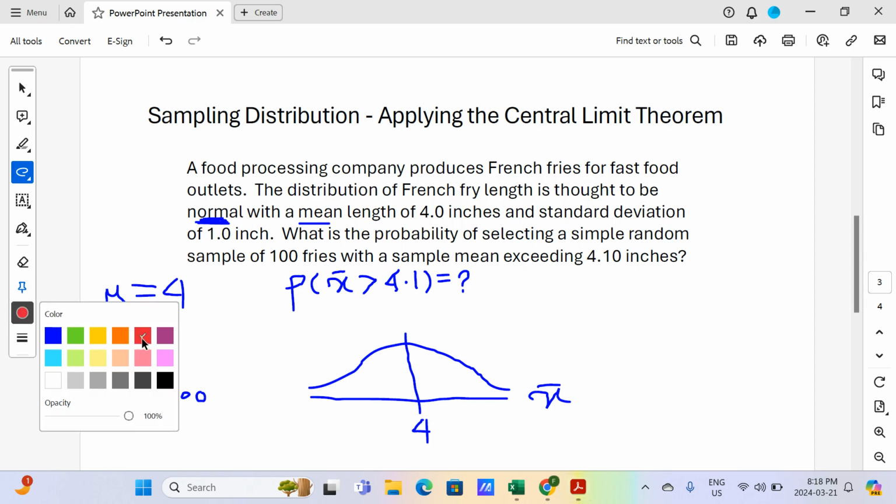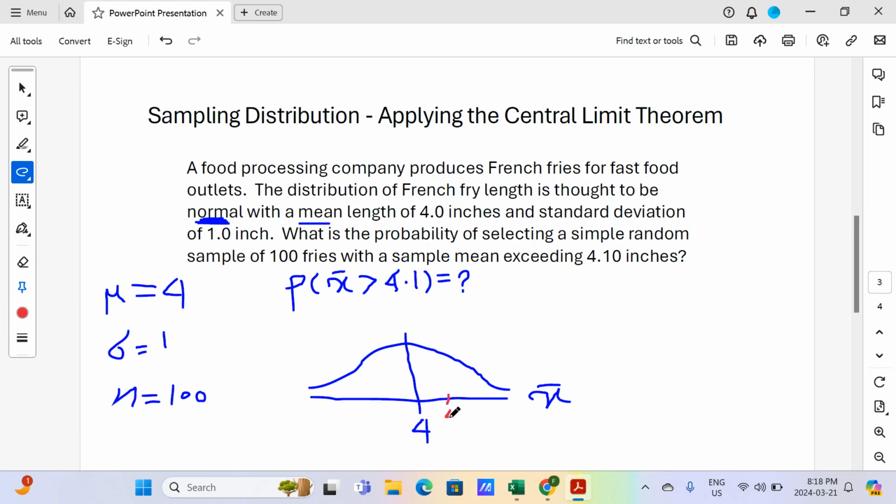To find this probability, look at here, x bar is more than 4.1. 4.1 is on the right side of 4, for example, here. Because x bar is more than 4.1, all the x bars more than 4.1 are on the right side of 4.1.